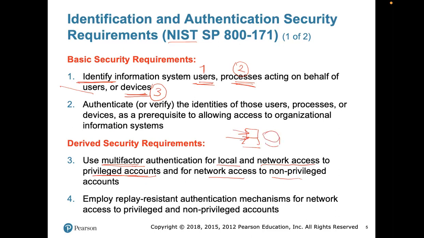Suppose this is a database, DB, and process one is local, and process two to process n. Some of them are allowed to use it, but some are not. So you need to use multi-factor authentication. It means that you should rely on multiple factors, not only one, in order to make sure that this is the right process.